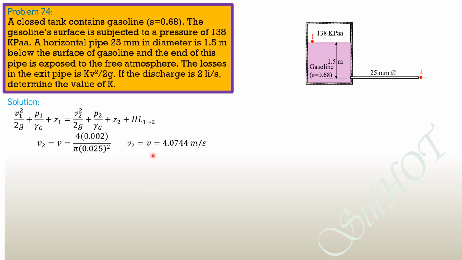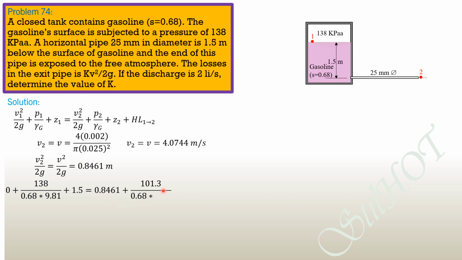Then let's compute the velocity head, V2 squared over 2g, which is 4.0744 squared divided by 19.62. That's 0.8461. Then substitute into this equation: 0 plus 138 over 0.68 times 9.81 plus 1.5 equals 0.8461 plus 101.3 over 0.68 times 9.81 plus the elevation head at 2, which is 0 because the datum we selected passes through point 2.